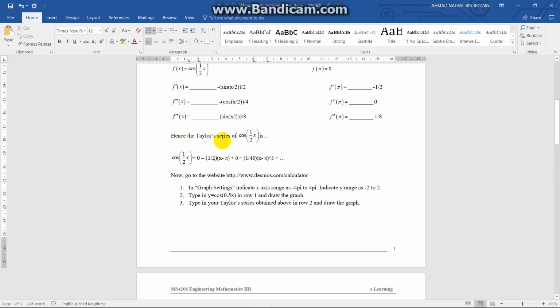Hence, the Taylor series for cosine half x is 0 minus half bracket x minus pi plus 0 plus 1 over 48 bracket x minus pi to the power of 3.